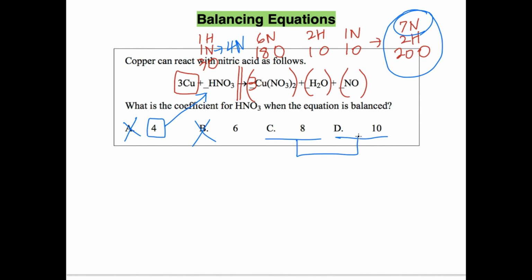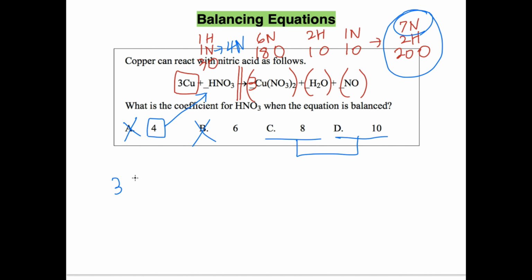Now I want everyone to approach this question a bit differently from the previous question. I want you to plug in each answer and see which one works, okay? This won't take long because there are only 2 options, but if we had all 4 options open, then I don't recommend this method. Okay.